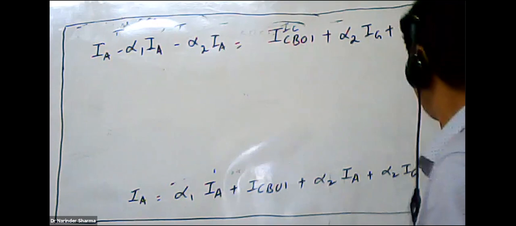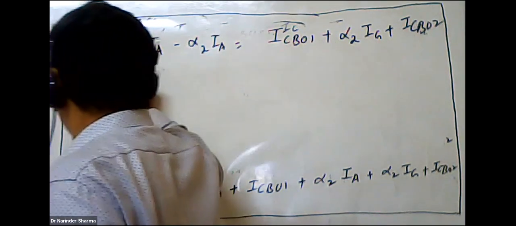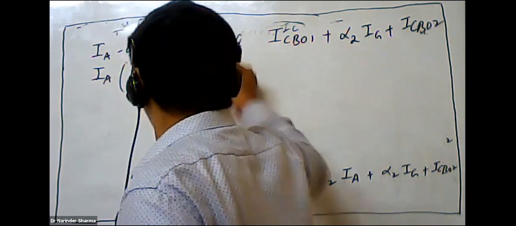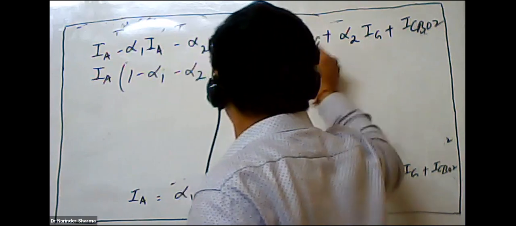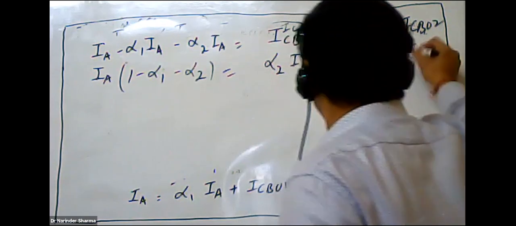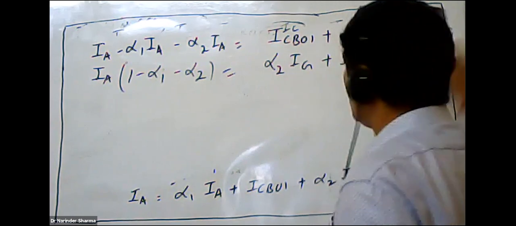Rearranging this equation, IA can be taken common, that would be IA times 1 minus alpha 1 minus alpha 2 equals alpha 2 IG plus ICBO1 plus ICBO2.